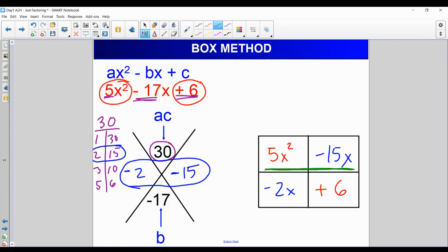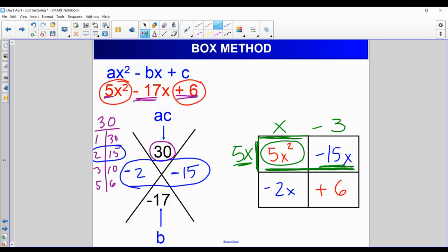So if I look across here, I can take out a 5x. Then I'm just going backwards in the box, saying, if I multiply 5x times what do I get 5x squared? Well, I need to multiply it times x. Then I say if I multiply 5x times something, I'm going to get negative 15x.